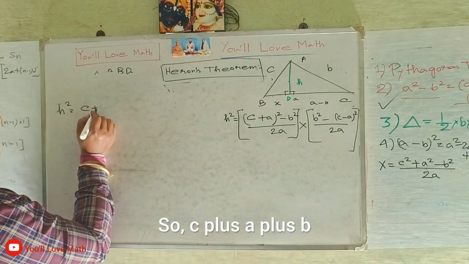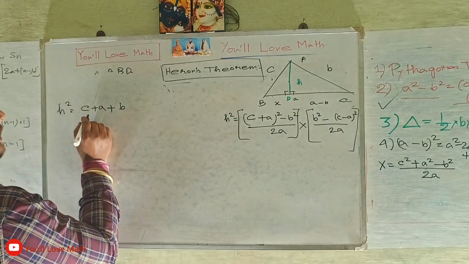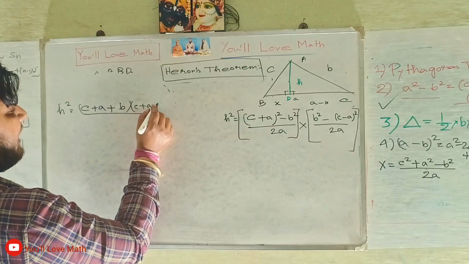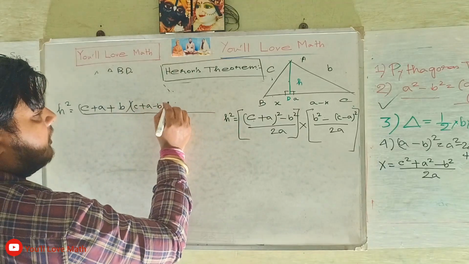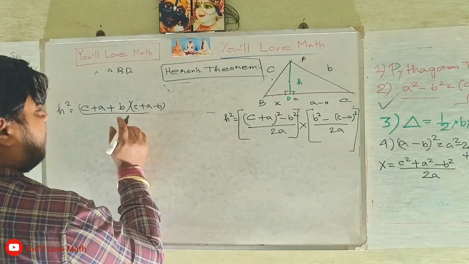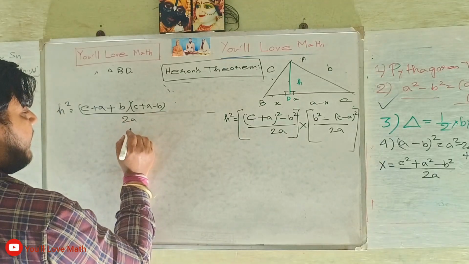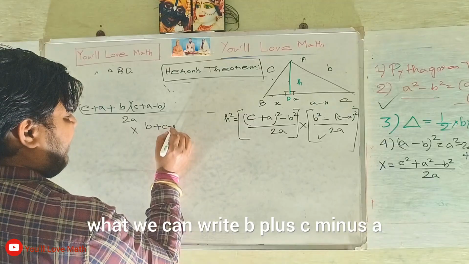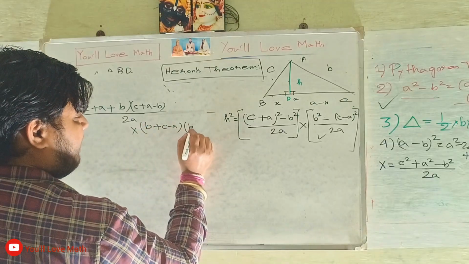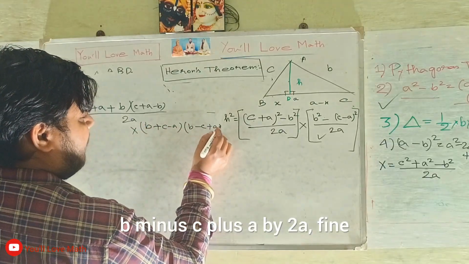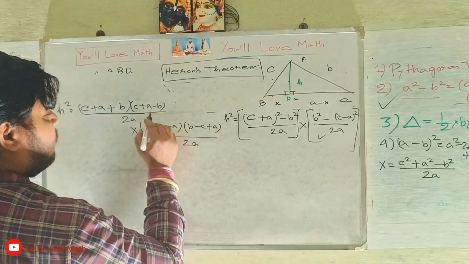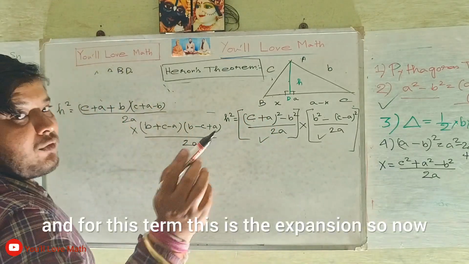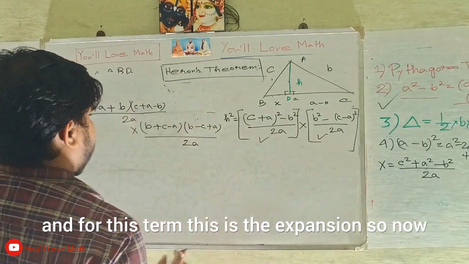So c plus a plus b, c plus a minus b by 2a, and for that term we can write b plus c minus a, b minus c plus a by 2a. Fine. So for this term, this is the expansion, and for this term, this is the expansion.